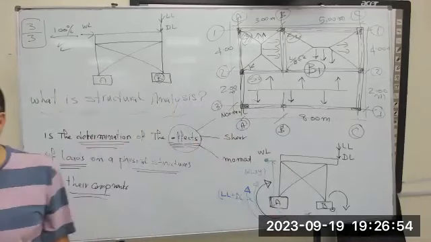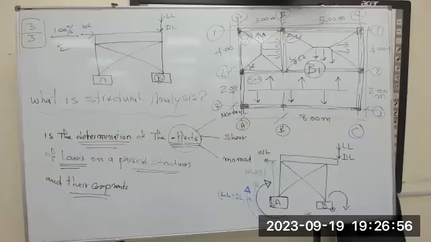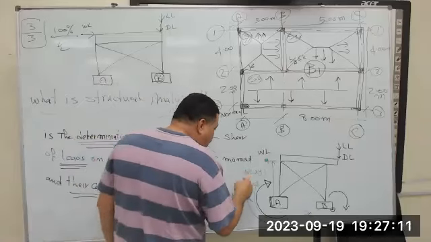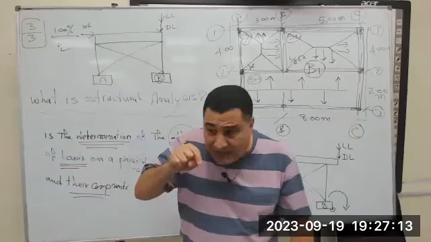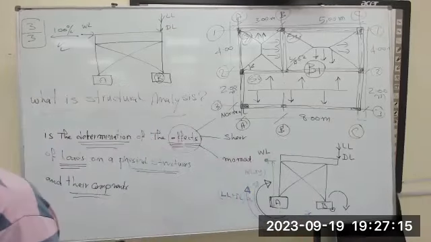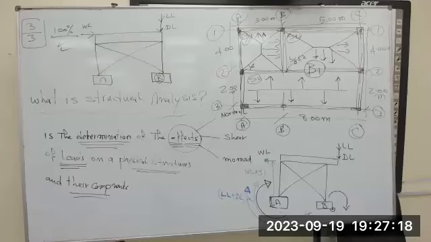Opposite. What is the combination then? Or does this make you more stable? The resultant of moment is equal to what? Live load plus dead load multiplied by x, minus, in this case it is minus, WL multiplied by L1.